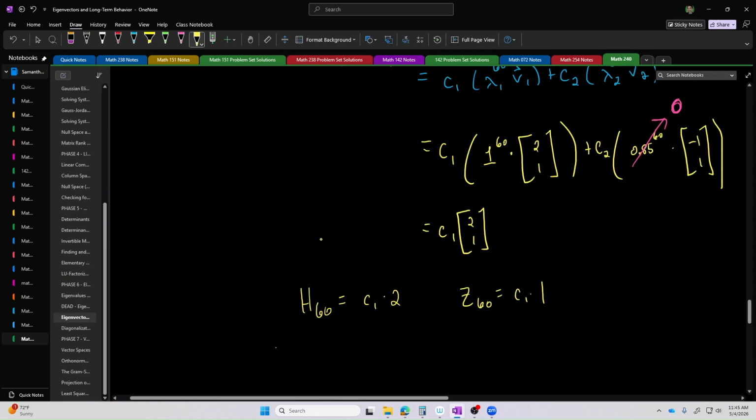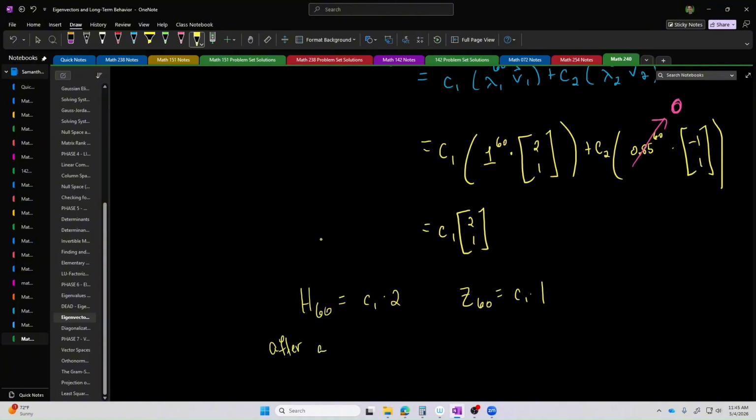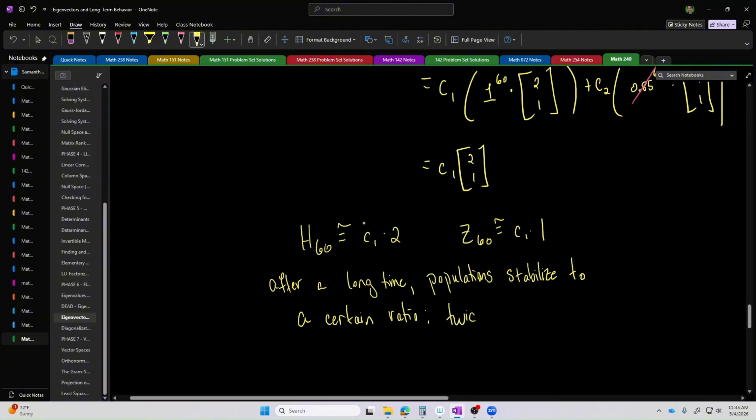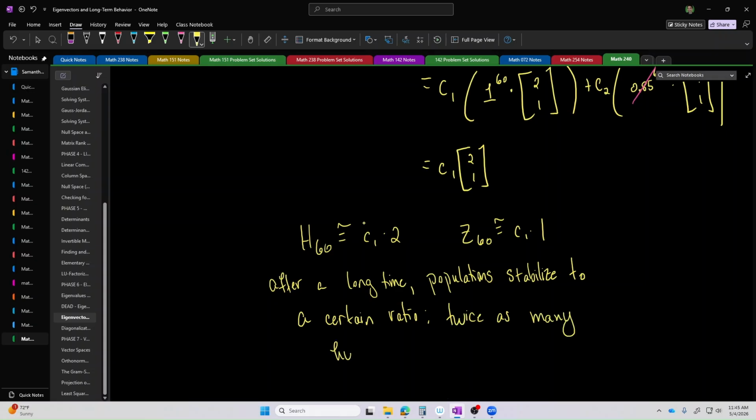So what we can say is that after a long time, populations stabilize to a certain ratio: twice as many humans as zombies.